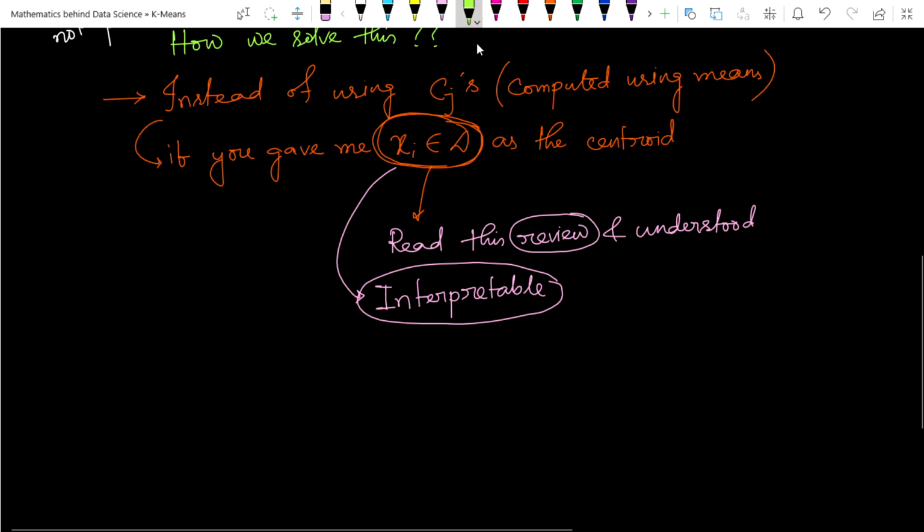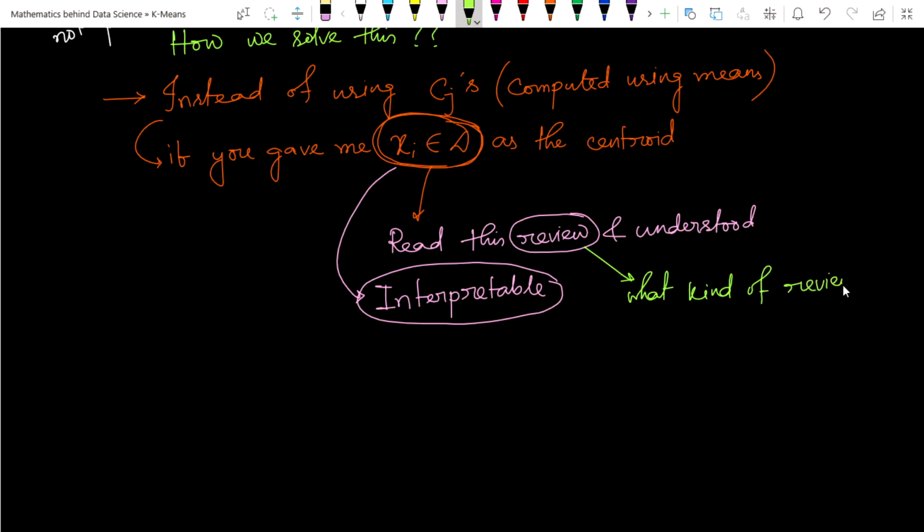Means we can interpret its polarity: what kind of review is it, either positive or negative? We can easily predict it because this vector is now in our data set.